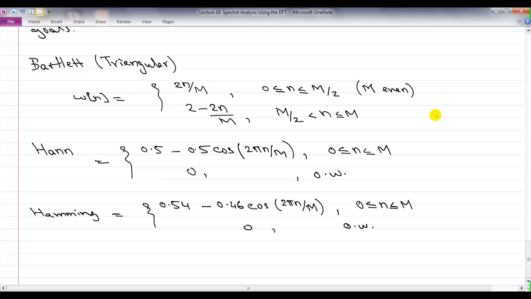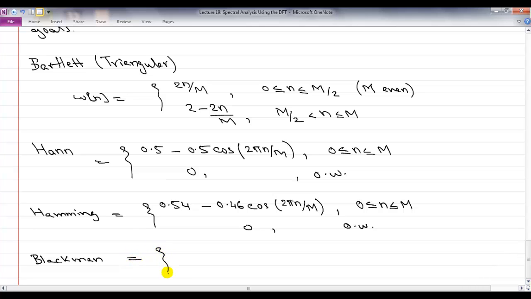So windows that go to 0 smoothly tend to have lower side lobes. And that's why, if you look at all these windows, they are going to 0 not in an abrupt fashion like the rectangular window does, but rather in a smooth fashion. Okay.